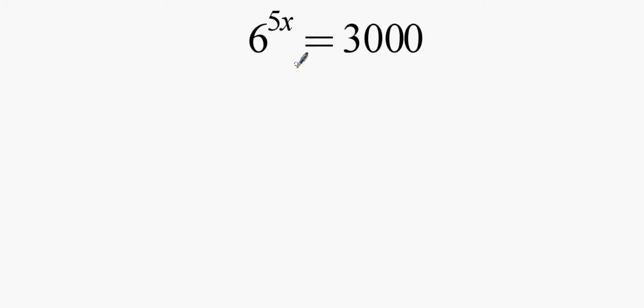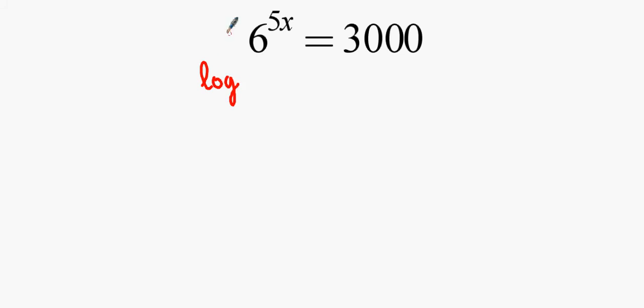Alright, so now we have 6 to the 5x equals 3000. There's a couple things we could do here, but I will go with the log. So let's take a log of both sides.